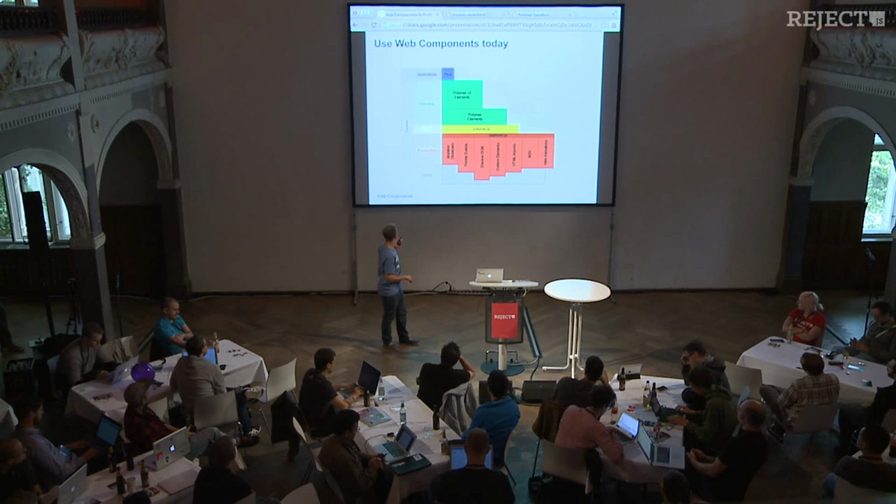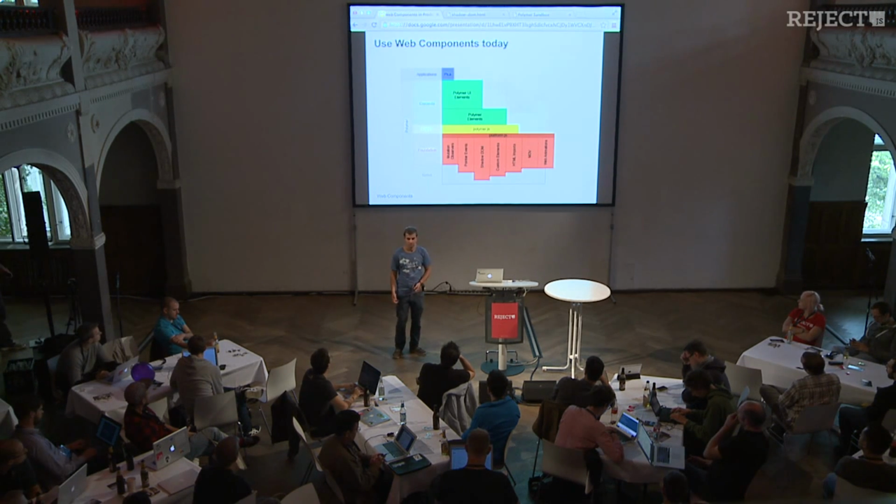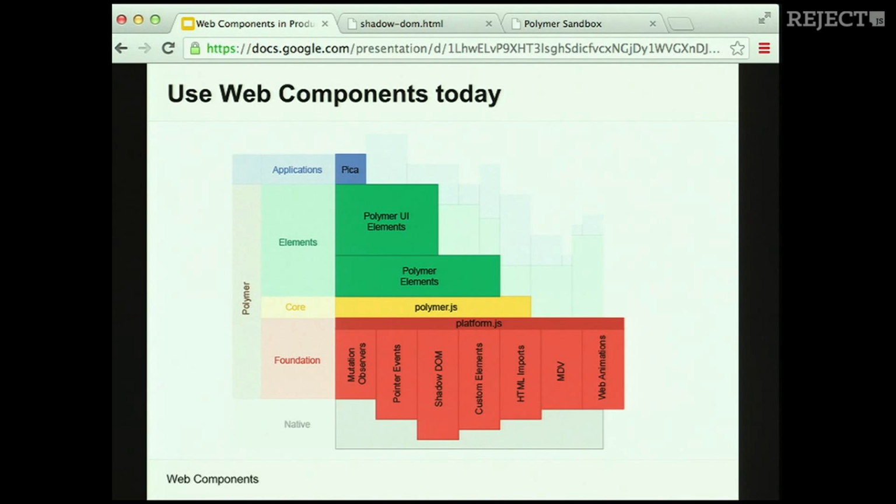There's a project called Polymer, which is heavily supported by the Google guys, by the Mozilla guys. And what they're doing is they're polyfilling all these APIs. So we can use these APIs, the shadow DOM, the custom element, the HTML imports, already today. And that's pretty cool because that means we actually can use web components.